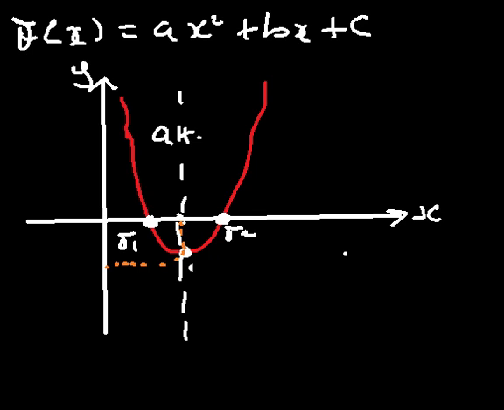So the equation of the line of symmetry is the same as the x-coordinate at the turning point. So have it in mind.